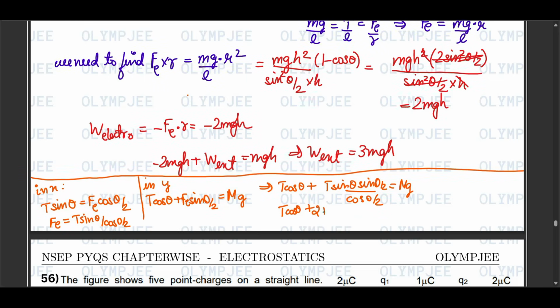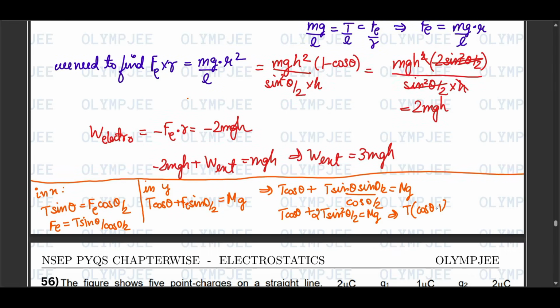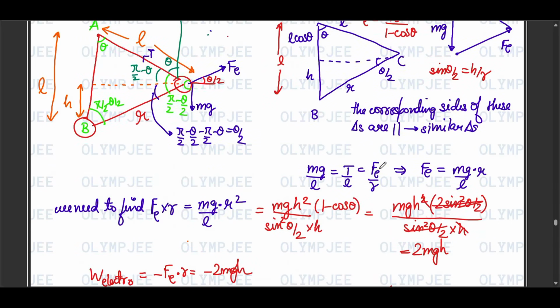So I will get 2T sine square theta by 2 is equal to mg, which will give us T times cos theta plus 2 sine square theta by 2 is equal to mg, and this is equal to 1 because of the formula of cos 2 theta, you can derive this. So T is equal to mg. So you can get the answer with both methods, but this triangle method is a better method.